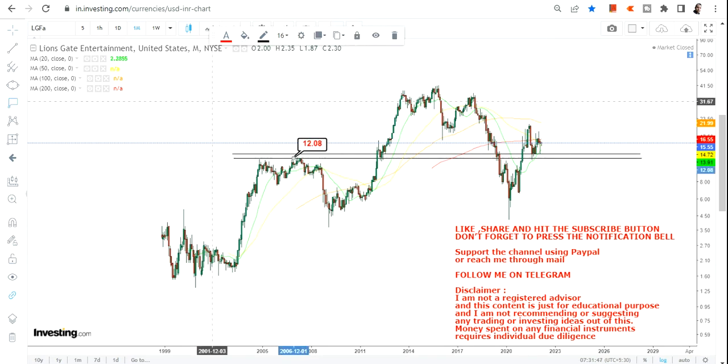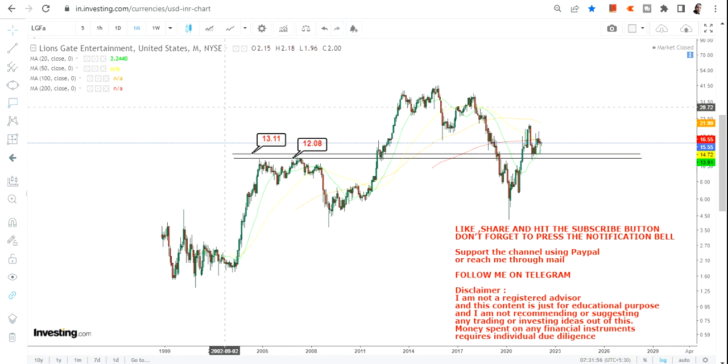We have $12 on the downside and we have 13.11, right? So these are your immediate support. 13.11 is your immediate support, whereas $12 is your stop loss as far as the long immediate chart of Lionsgate Entertainment class A share stock chart is concerned, right? So this is what we have here.